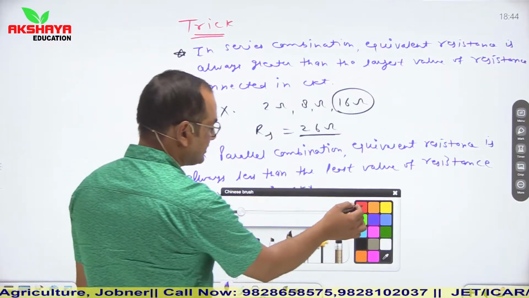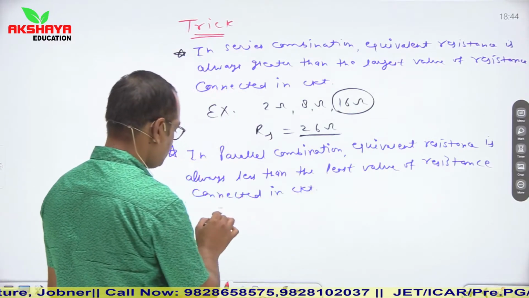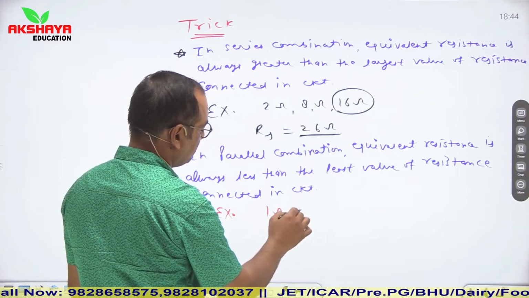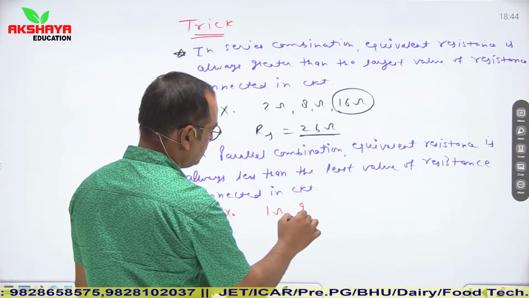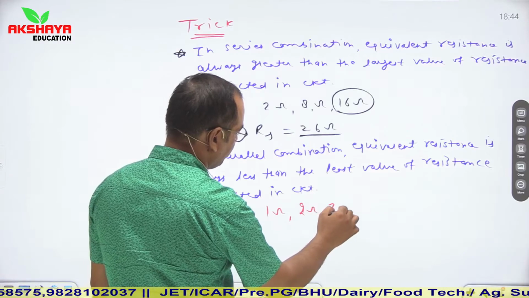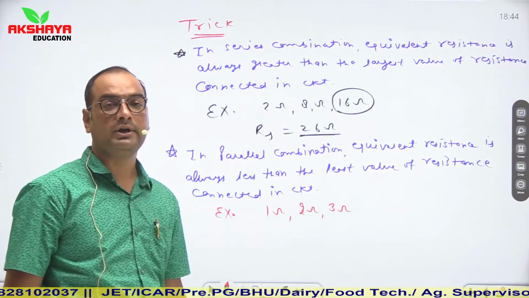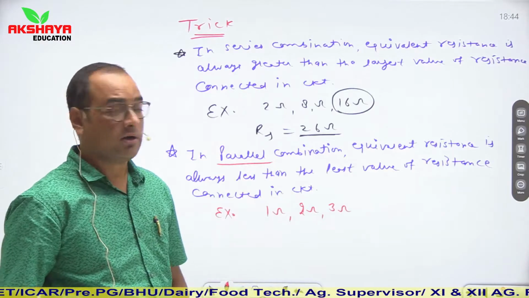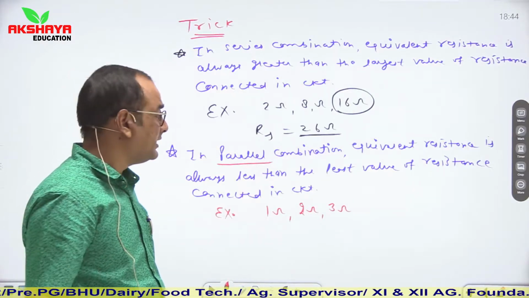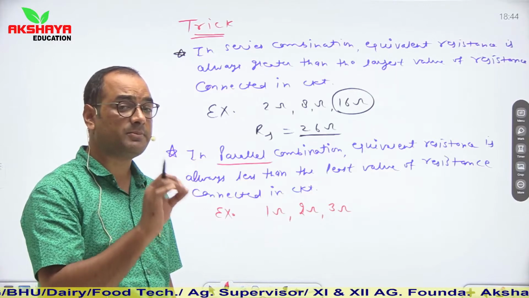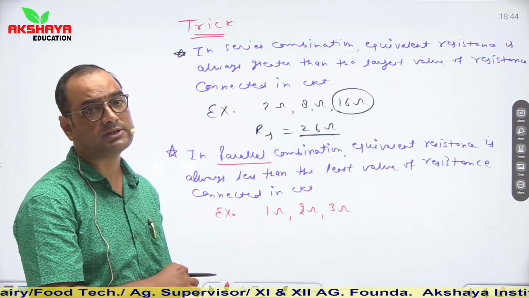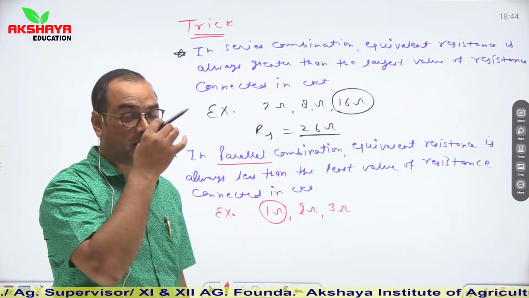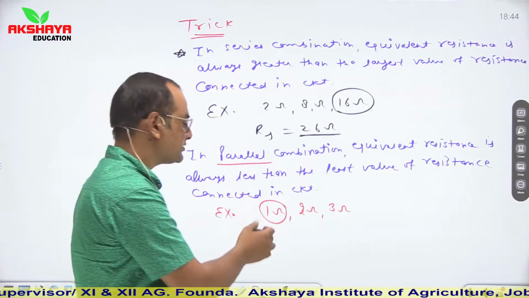So again, let us take an example. Let us say we are given 1 ohm, 2 ohm and 3 ohm, and we have to calculate equivalent resistance in case of parallel combination. This trick says that the resultant resistance will be less than the least value of resistor connected in parallel. The least value is 1 ohm, so our equivalent resistance is less than 1 ohm. Let us find out.